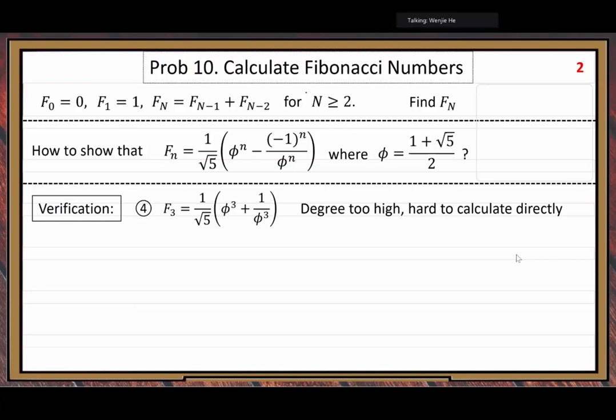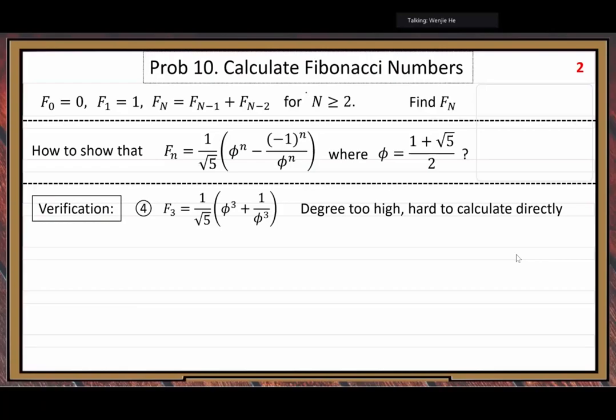The problem is that the degree of the golden ratio expression becomes higher and higher. If the degree is high, then the calculation is hard. So our idea is very simple: we want to bring down the degree, make the degree lower.